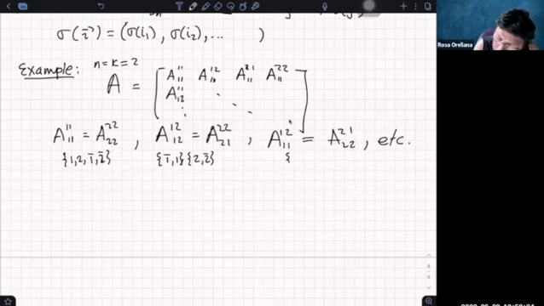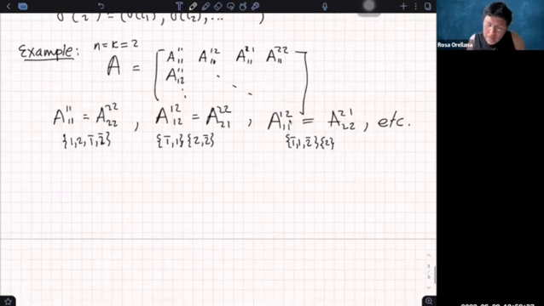This is the set partition where 1 and 2 bar and 1 bar are equal, and then 2 is different. So for each set partition, I'm going to get a linearly independent linear transformation.